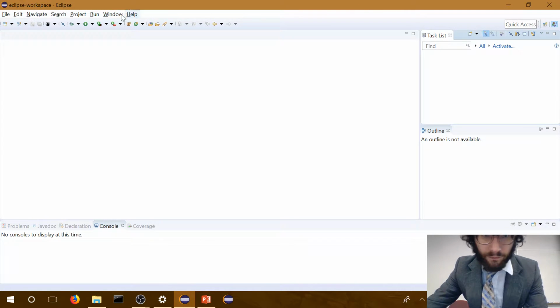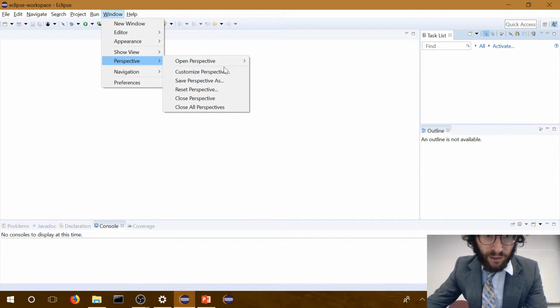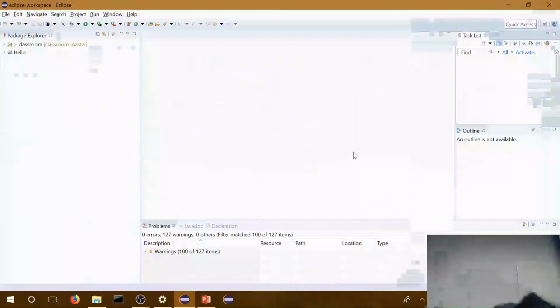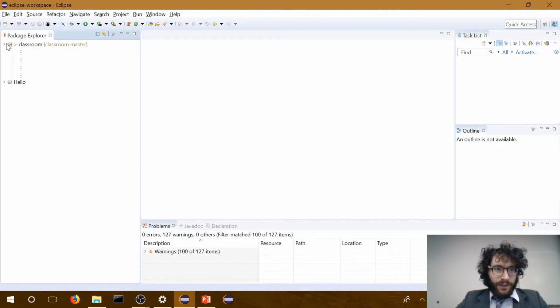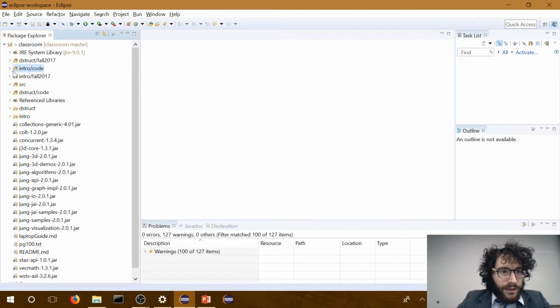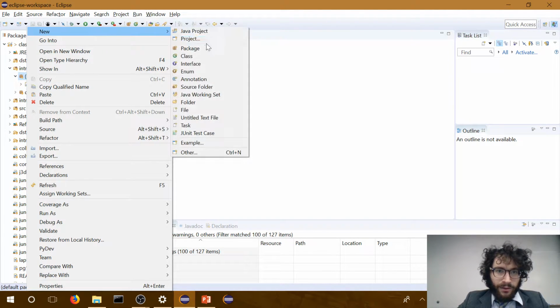Window, perspective, reset perspective. Okay. And I'll need the chair for today. Not exactly the most ergonomic of things, but we'll go ahead and start by learning about data types today.